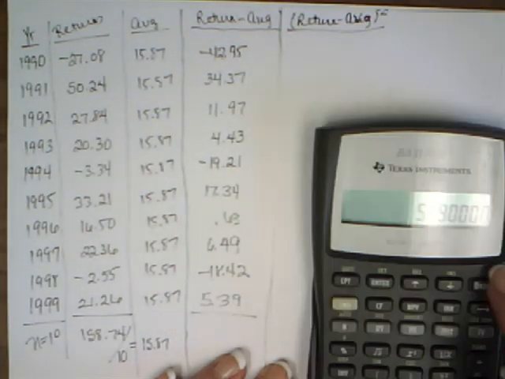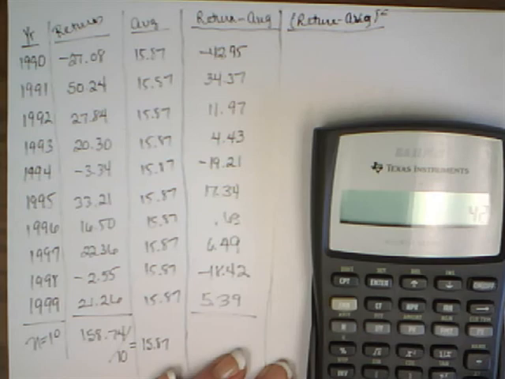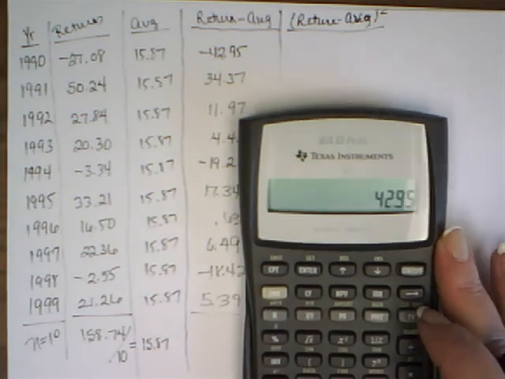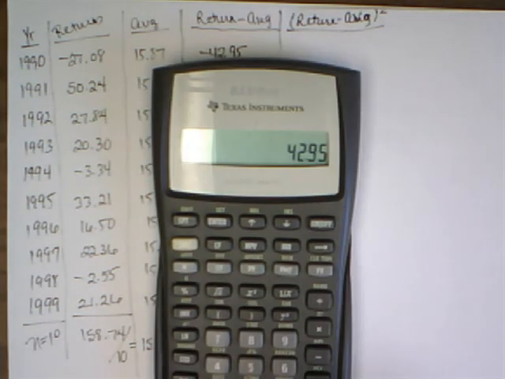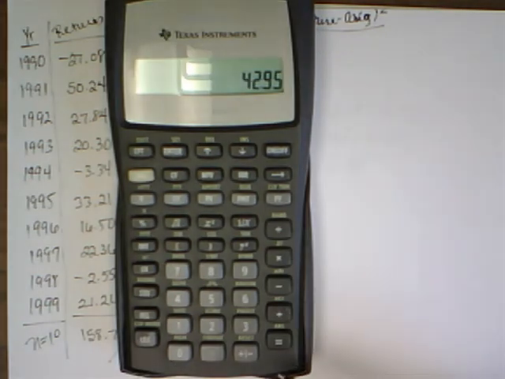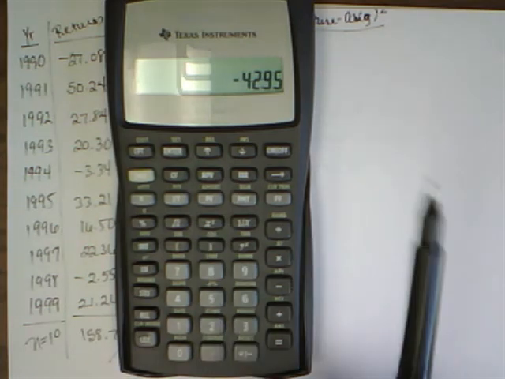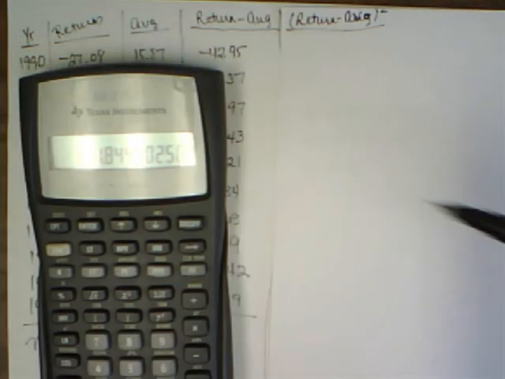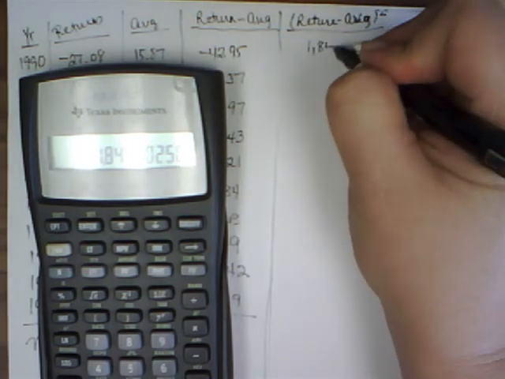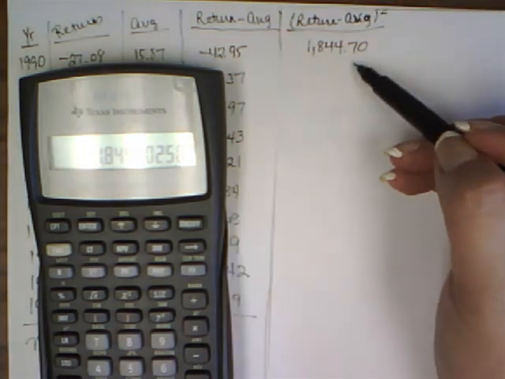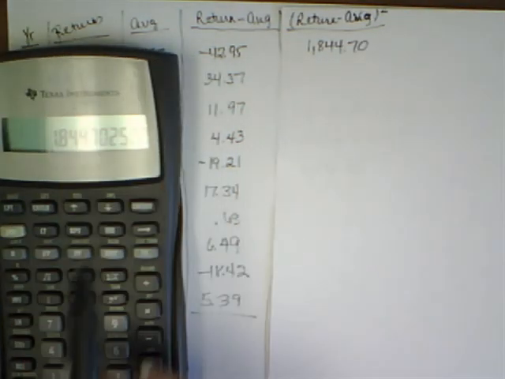So we take the 42.95 in your calculator, hit the plus minus key, down here on the bottom, and then hit the x squared key, and that's going to give you 1844.70, which is the answer in the far right column in the example in the book.